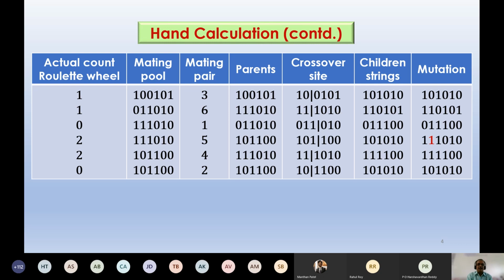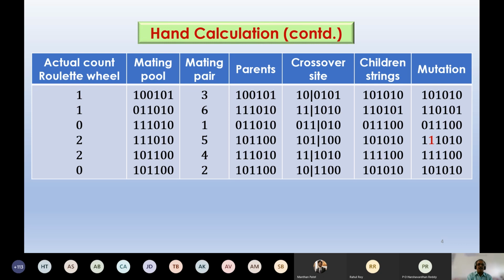Now using the random number generator, supposing that it is found that it is going to meet with the third one. That means first is going to meet with third, third is going to meet with first. Okay. So here what we do is in the parent solution, the first one I put 100101. Third one I put 111010. So these two will constitute the first mating pair.